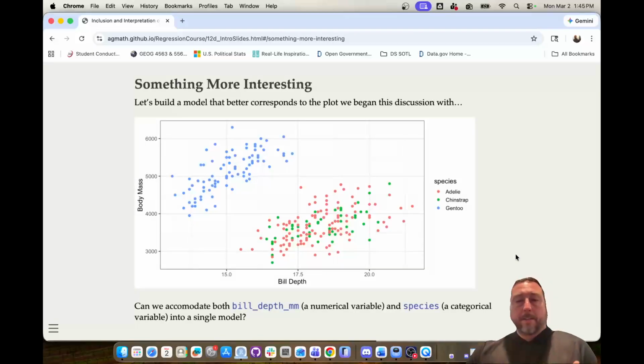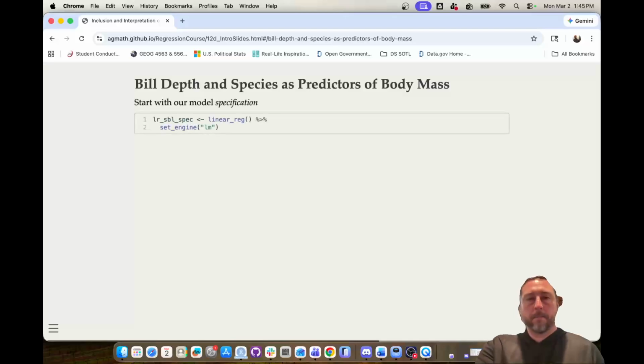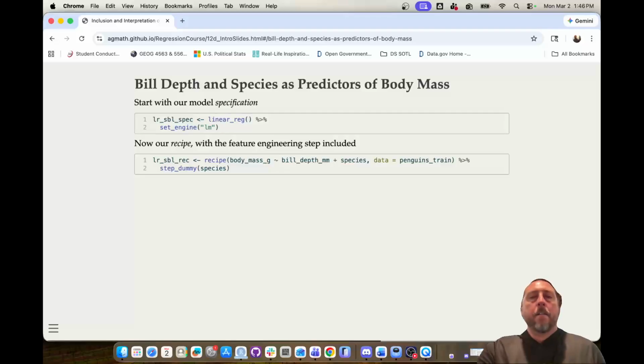So let's build a model that accommodates both bill depth in millimeters, a numeric variable, and species, a categorical variable here. So we'll start with our model specification just like usual. There's nothing different here. Our recipe, again, we'll start like usual and include this step_dummy feature engineering step so that we can handle the species variable.